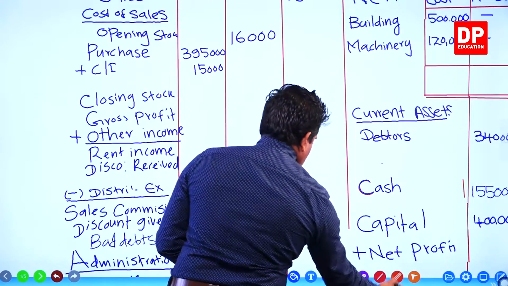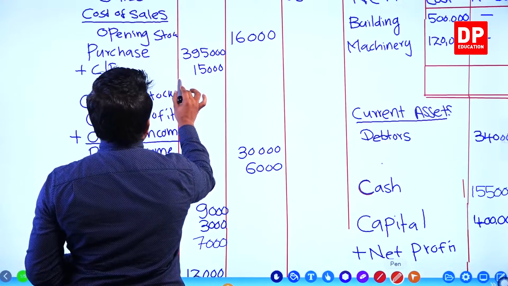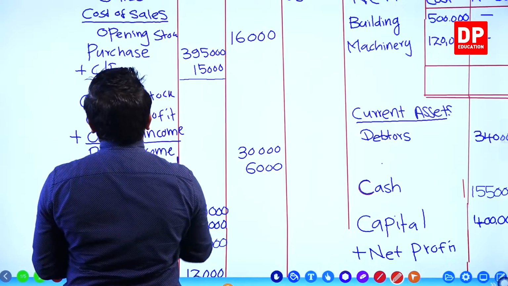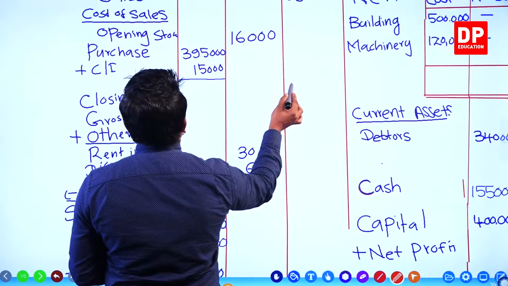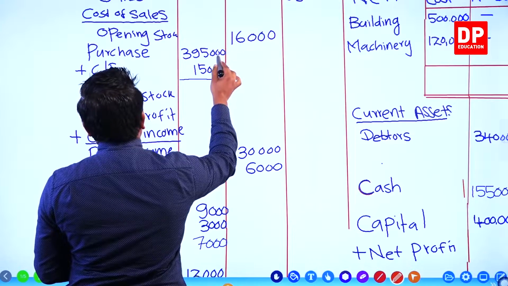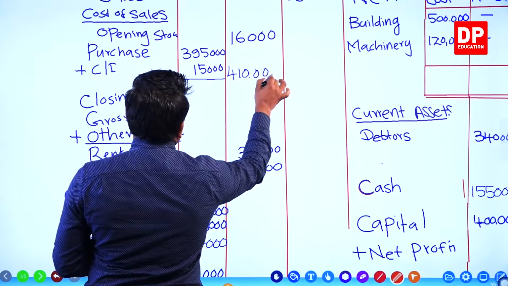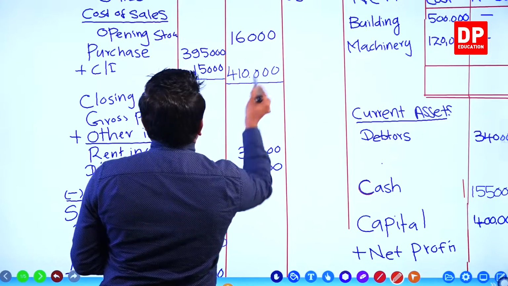Now, 16,000 here, how much? 395,000. Then you get the total. It brings to the second column. 395 plus 5,000 is 400,000, plus 10 is 410,000. Then you add both.